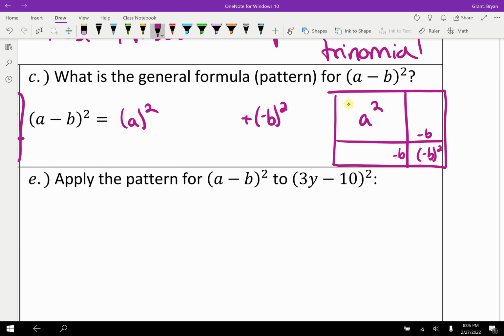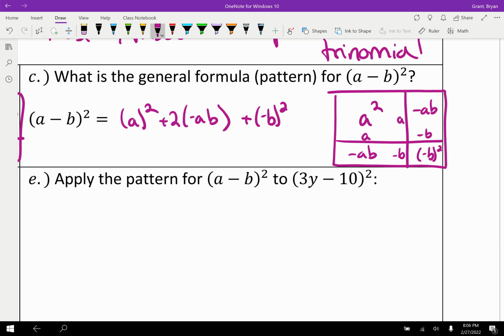Okay, but then we have a here and a here. a times a gave us a squared. a times negative b will be negative ab. a times negative b will be negative ab. And how many negative ab's do we have? We have two of those negative ab's.